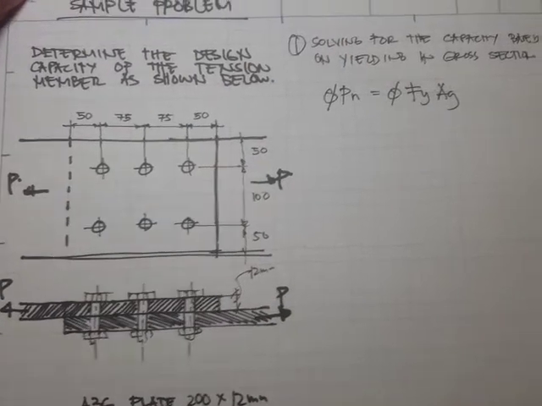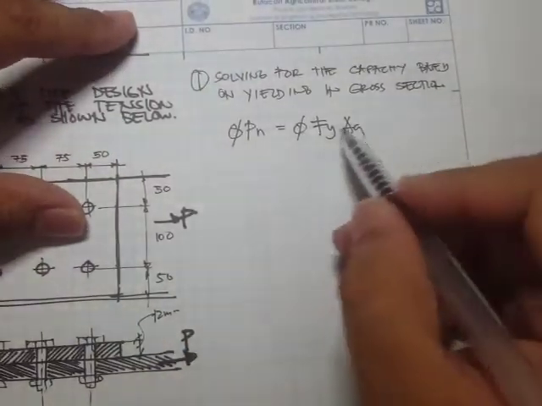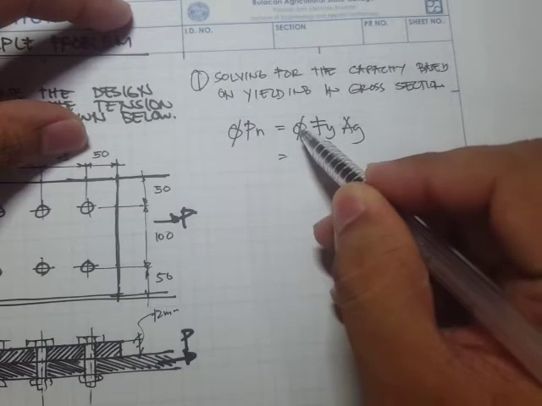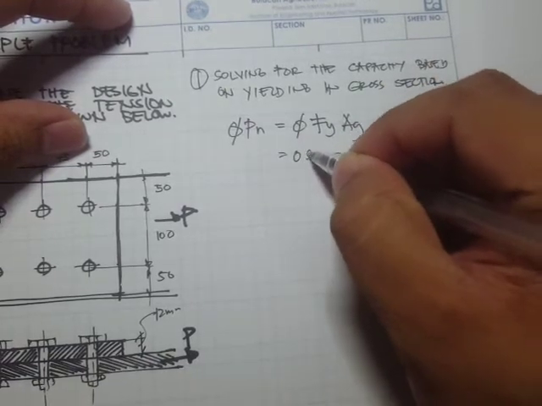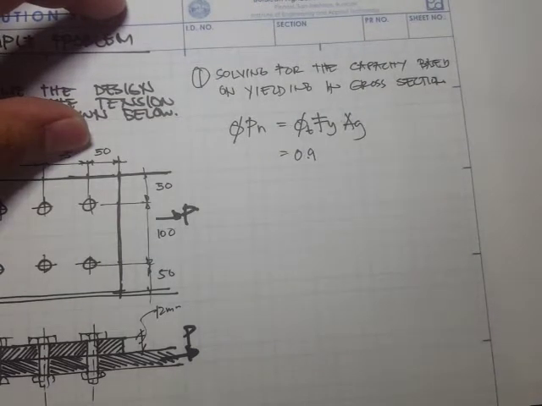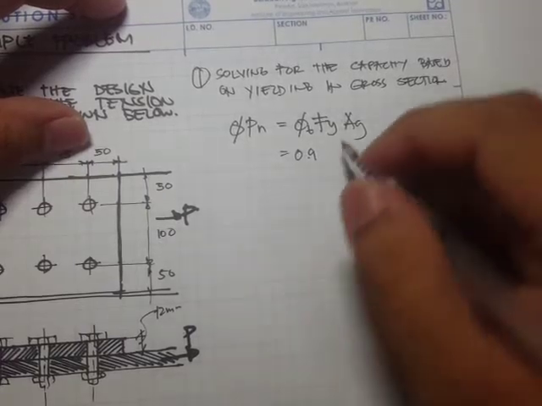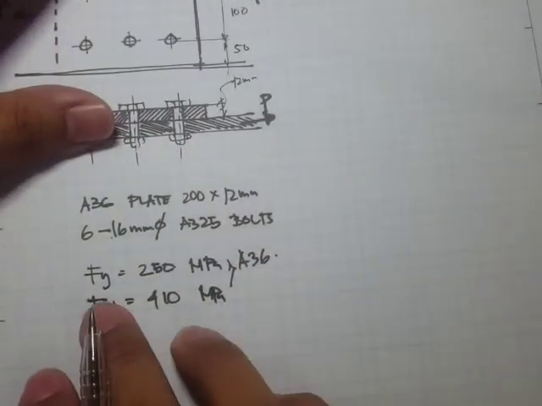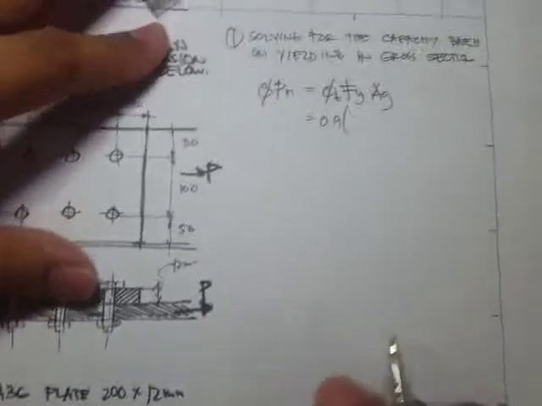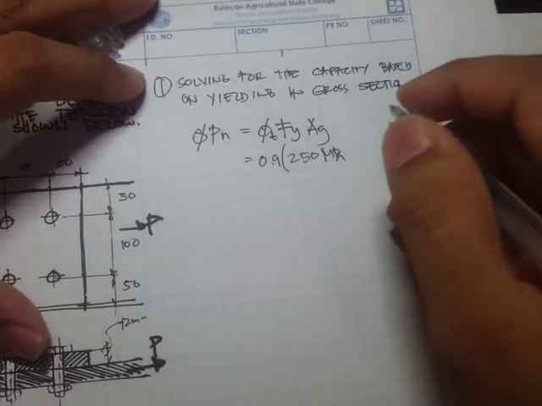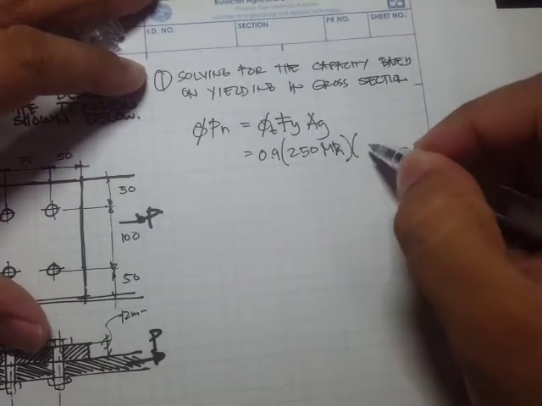So to continue, the factored capacity is equal to the reduction factor, which is 0.9, times the Fy, the given yield strength, which is 250 megapascals, times the gross area.